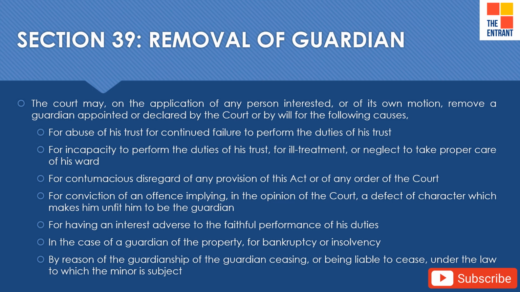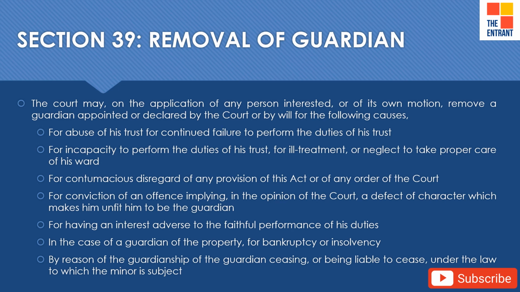for conviction of an offence implying, in the opinion of the court, a defect of character which makes him unfit to be the guardian, for having an interest adverse to the faithful performance of his duties, unless the adverse interest accrued after the death of the person who appointed him, or it is shown that person made and maintained the appointment in ignorance of the existence of the adverse interest.